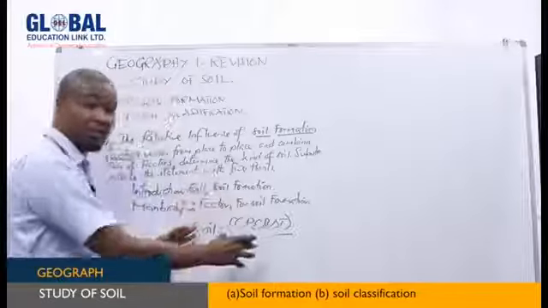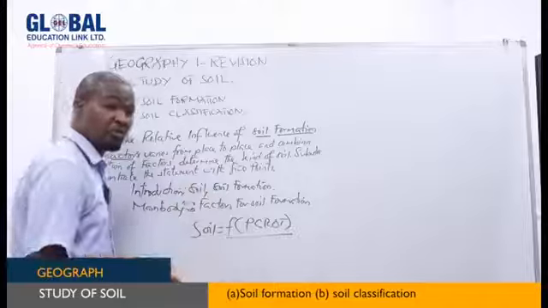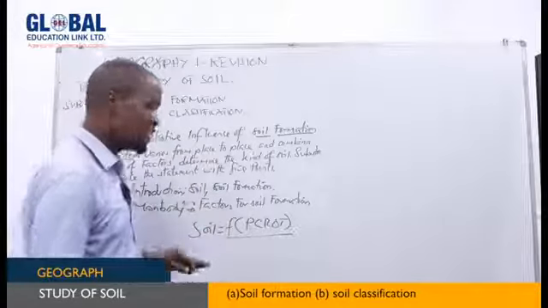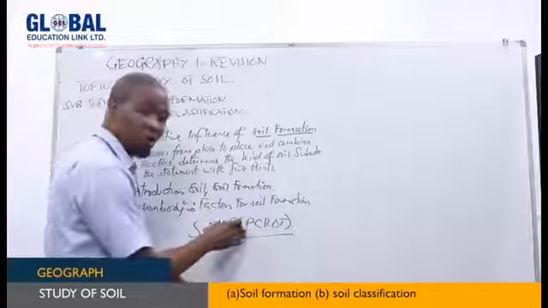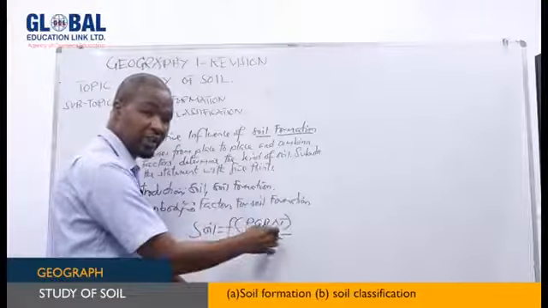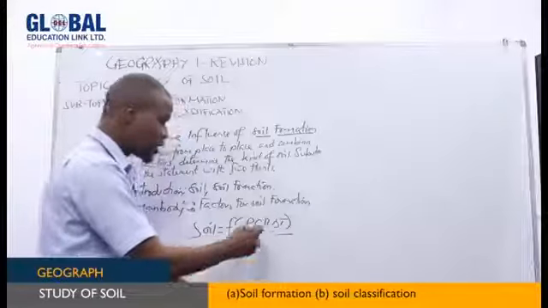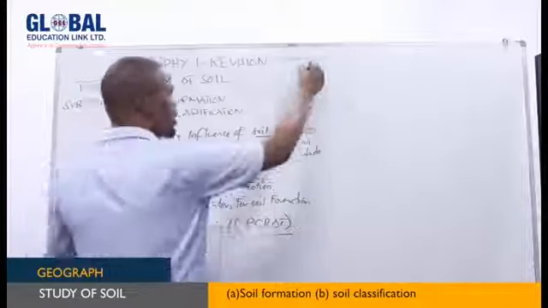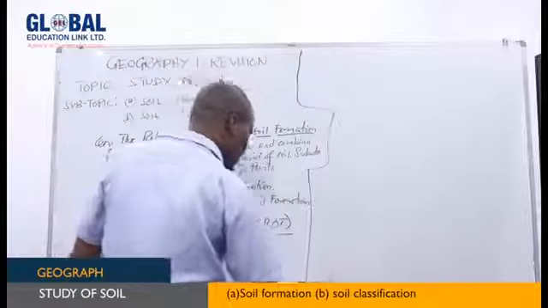In explaining factors for soil formation as a Form 6 student, and remember we are making revision, it's very important to know the roles or the function of each factor. So let us start with the P, which means the parent rock.